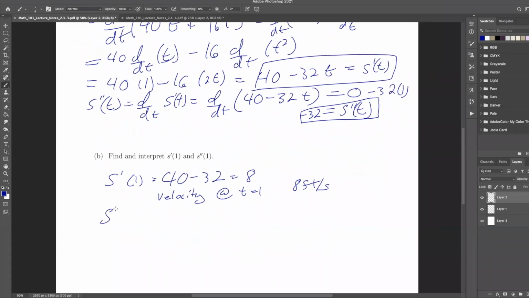Let's find s double prime of 1. S double prime of 1 is going to be minus 32. And that's the acceleration at time equals 1, and that's minus 32 feet per second squared.